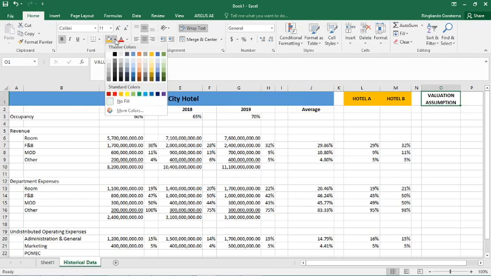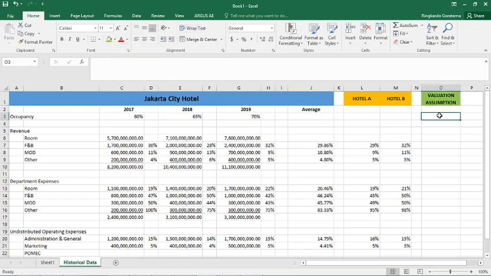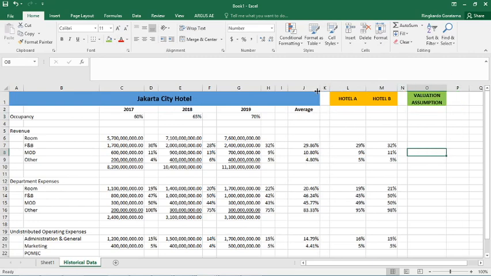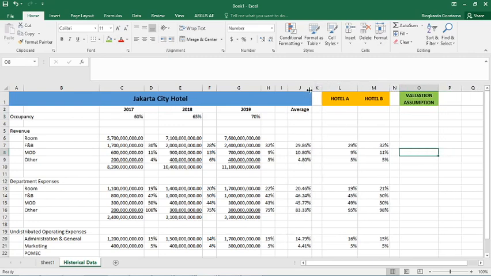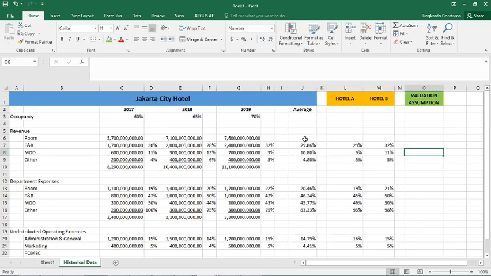Okay, so let's use color green. So we can analyze the three hotels, because in some cases, like Jakarta City Hotel, probably they do not manage this hotel quite well.